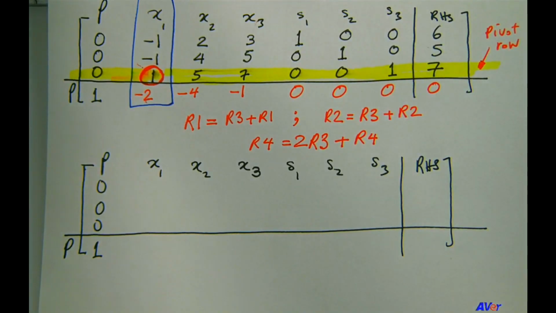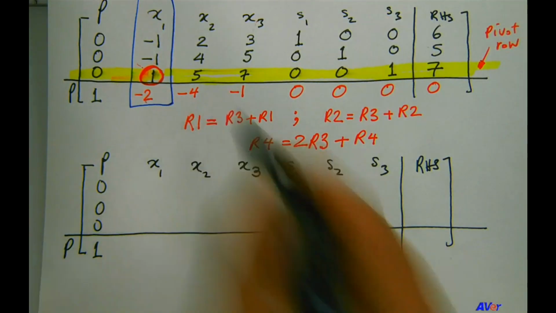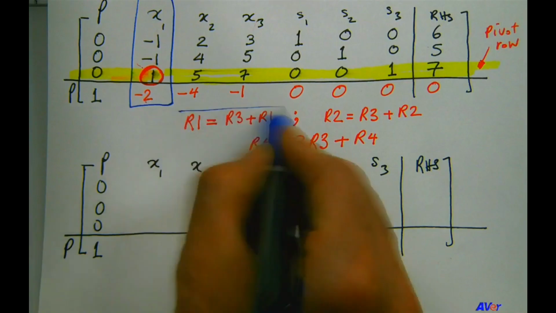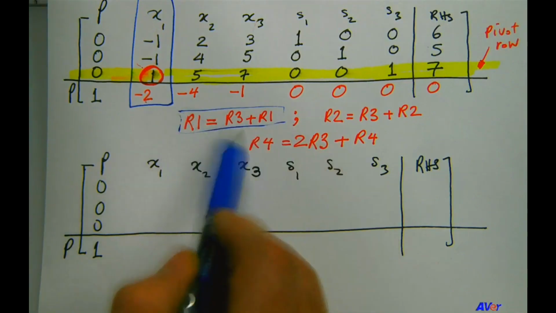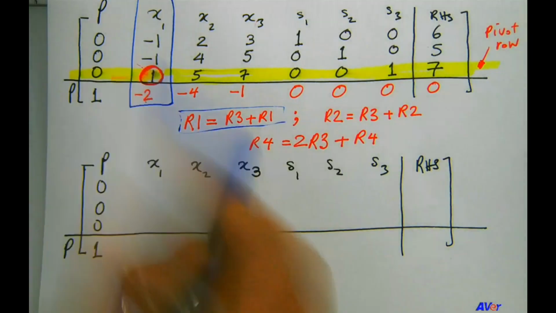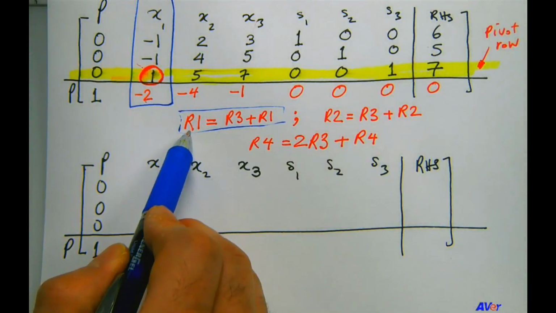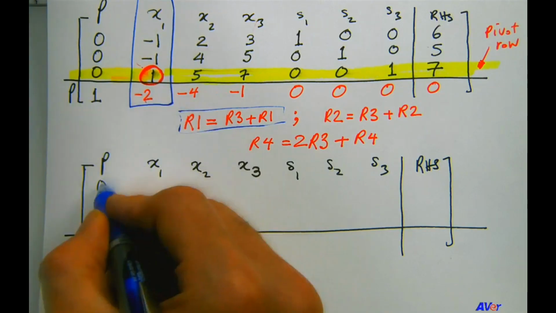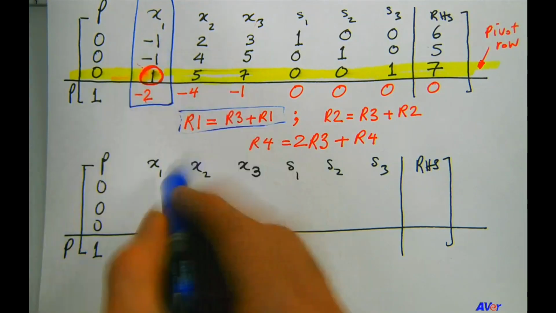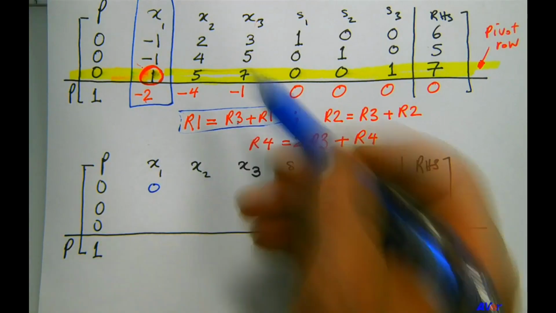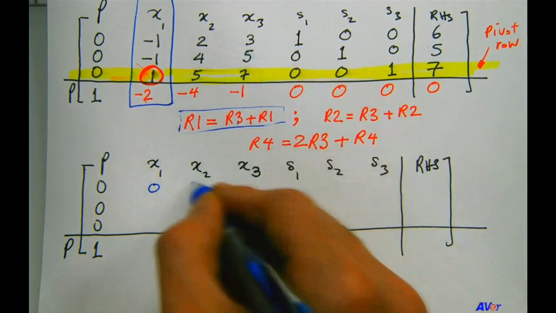Okay. So we're going to carry out this row operation, this one for now. So this is saying add row 3 to row 1 in order to replace row 1. So let's do that. 0 plus 0, 0. 1 plus -1, 0. Right? 5 plus 2, 7.